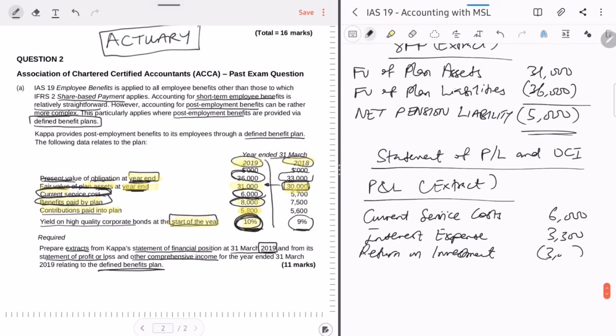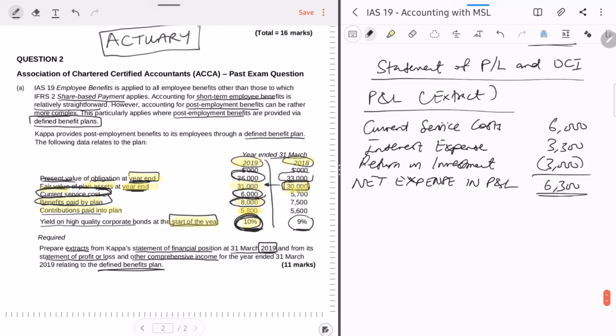So we less 3,000. What does that give us? So we have 6,000 plus 3,300 minus 3,000. That gives us 6,300. So this will be our net expense in P&L. Final thing to do is what goes to other comprehensive income.